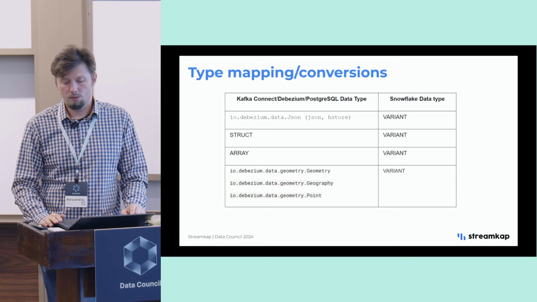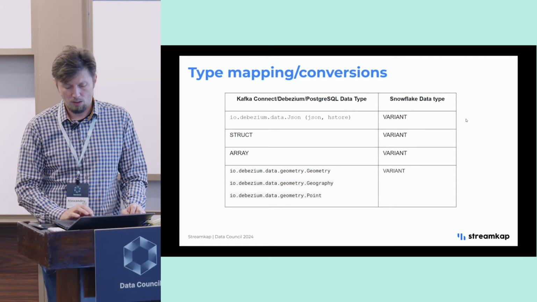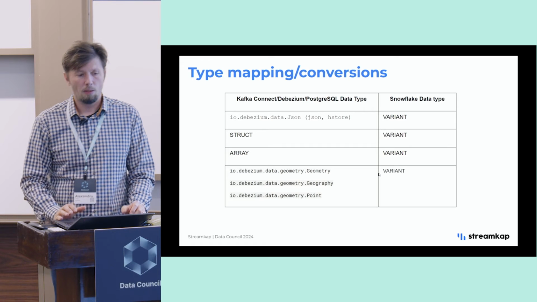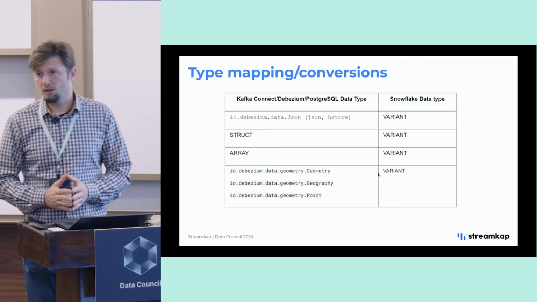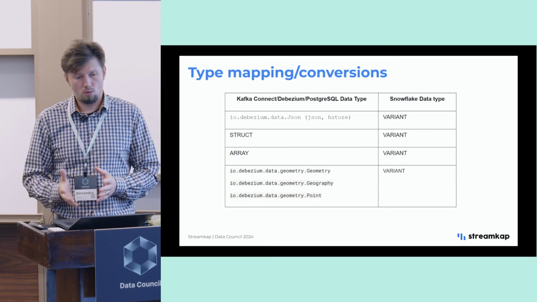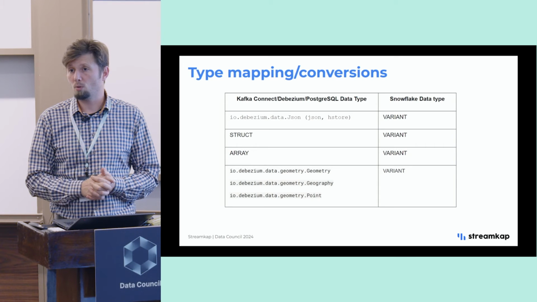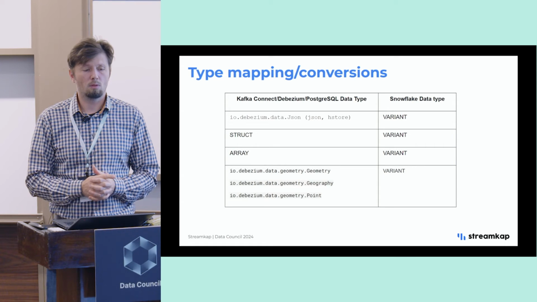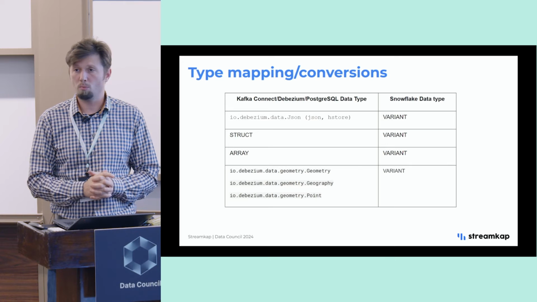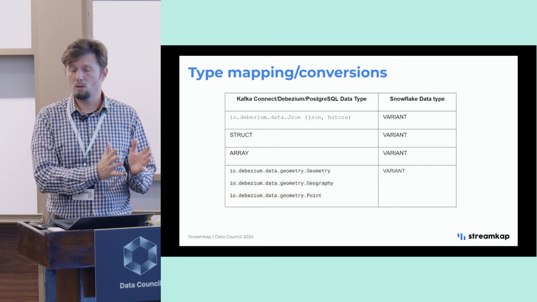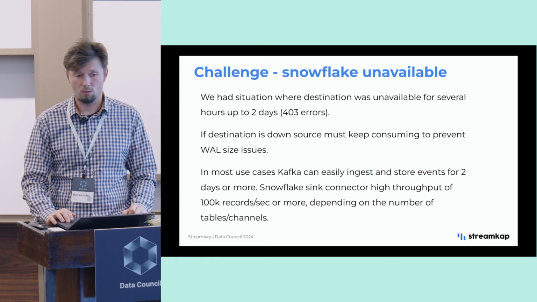On the geo, I specifically put it here because it's not translated to a Snowflake geometry column, it's translated to a variant type of column currently, and this is, for example, one thing that we are working to improve, both in the Snowpipe streaming world and in the Upsert connector.